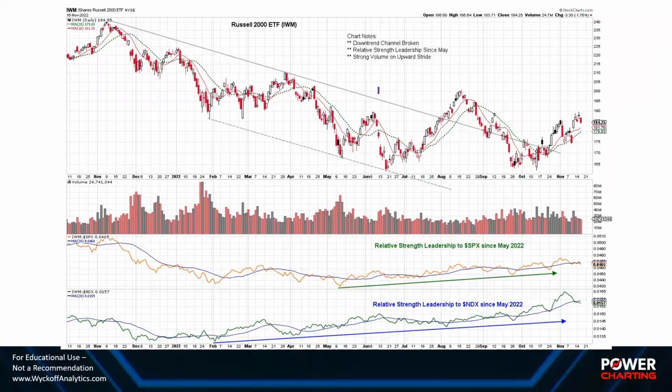Now let's look at the Russell for a minute, and then we're going to look at the S&P. Note the downtrend since November. The Russell peaked out before the S&P 500 in November, whereas the S&P, you'll recall, peaked out right at the end of the year. It was in a downward stride with an overarching overbought demand or supply line, and then an oversold line here.